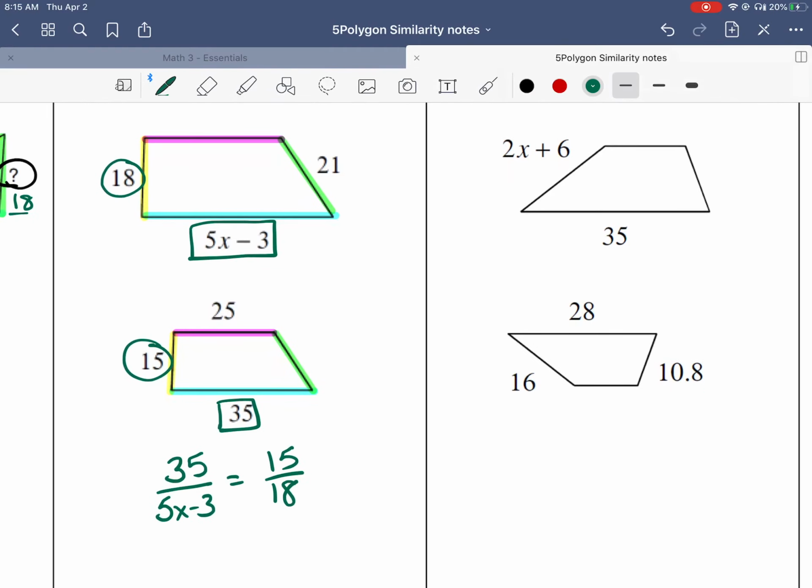I am going to cross multiply now. 35 times 18 is 630. 15 times 5x minus 3, so 15 times 5x is 75x. 15 times negative 3 is negative 45. Add 45 to both sides. 675.